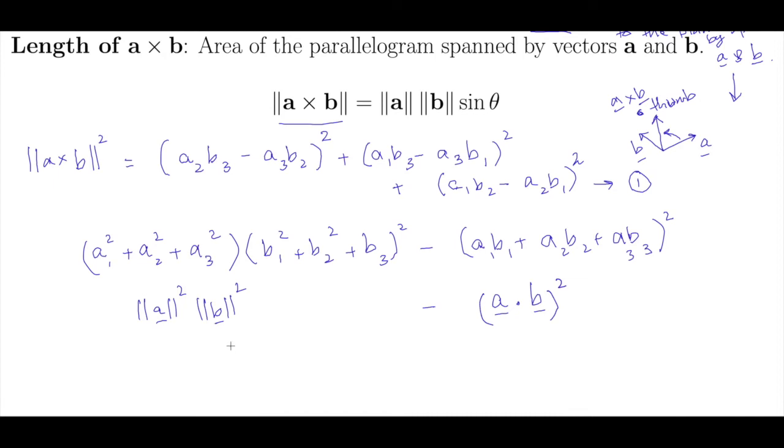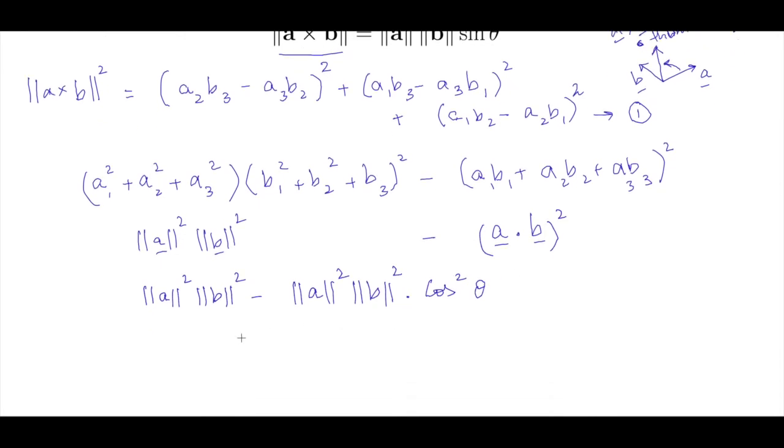Okay, so then I can say length of A squared, length of B squared minus length of A squared, length of B squared cos squared theta, where theta is the angle between A and B. So I can say length of A squared, length of B squared common, and 1 minus cos squared theta will give me sine squared theta.